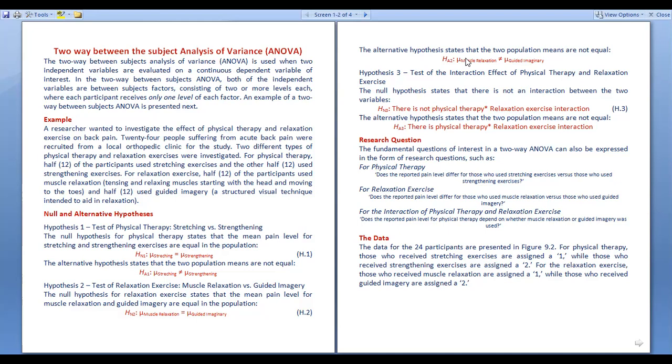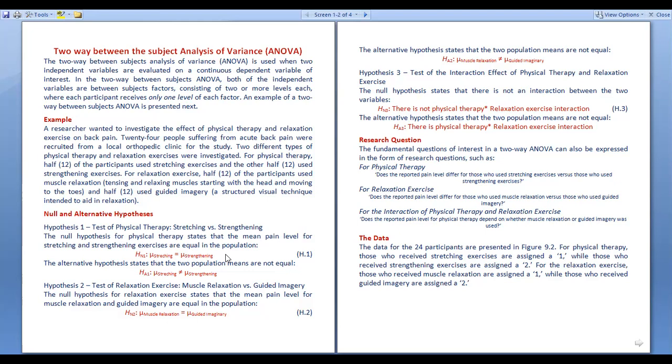The null hypothesis is basically saying that there is no significant difference as far as pain level is concerned and the physical therapy the patient has gone for, either strengthening or stretching. So the null hypothesis H0 1: mean of stretching is equal to mean of strengthening.